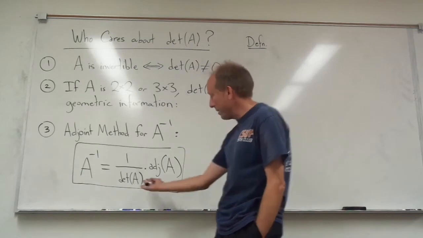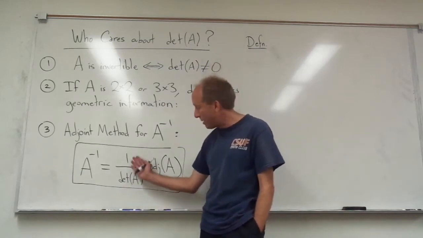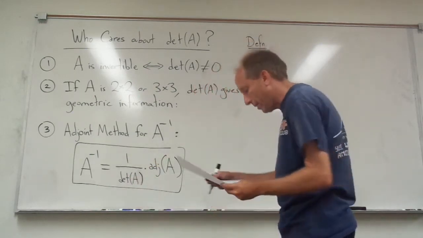You do have to be able to find the determinant of the matrix, because that's a scalar that you're going to divide by out in front. And you have to find the adjoint of A, and I have to tell you what that is.